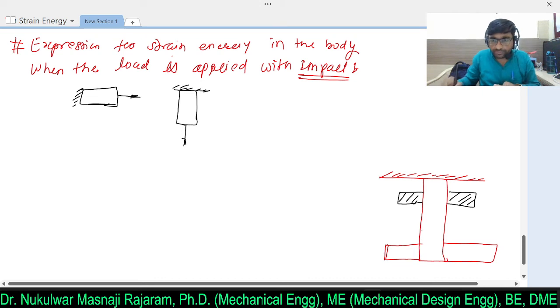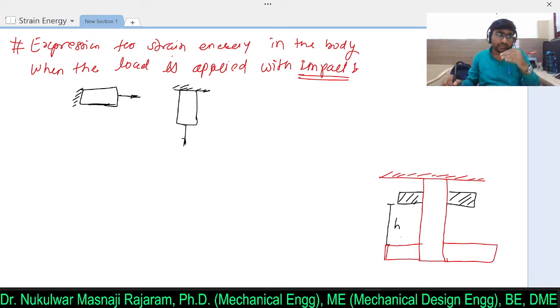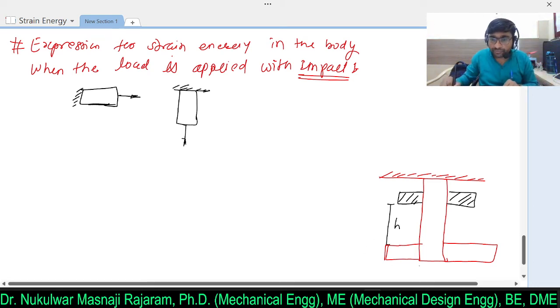However, if you observe, there is one load, this bar is there and this bar is having some color. Now when you apply this load from some height, what will happen? That is nothing but an impact, and due to that impact this body will get deformed. Clear. So deformation of the rod may be this one.